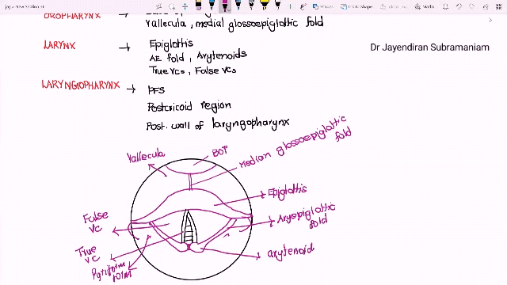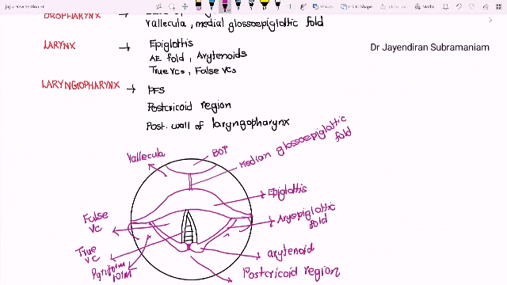Behind this interarytenoid area we have the postcricoid region. So on either side of the aryepiglottic fold we have the pyriform fossa, and behind the interarytenoid area we have the postcricoid region, and we have the posterior wall of the laryngopharynx. So these are the laryngopharyngeal or hypopharyngeal structures we will see in indirect laryngoscopy.